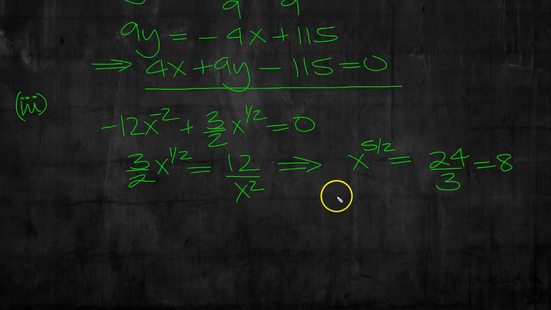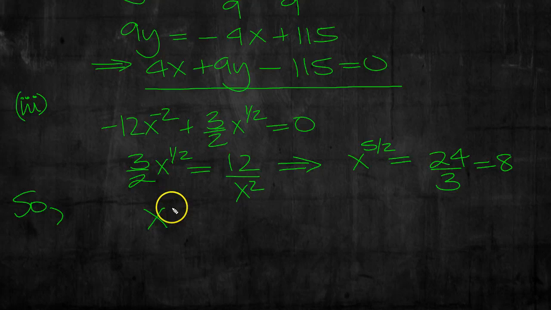Okay, so what have we got here then? Now we do power 2/5, don't we? So x, if we do power 2/5, this will be x to the 1. And power 2/5 on the other side will be 8 to the 2/5.